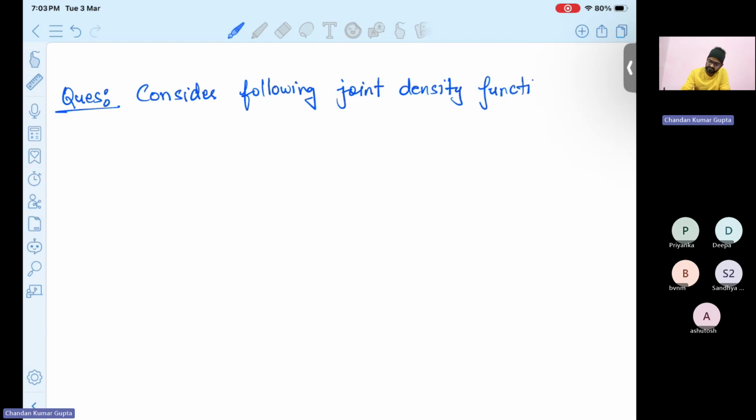The question says, consider the following joint density functions, f1 of x1, y1 and f2 of x2, y2.